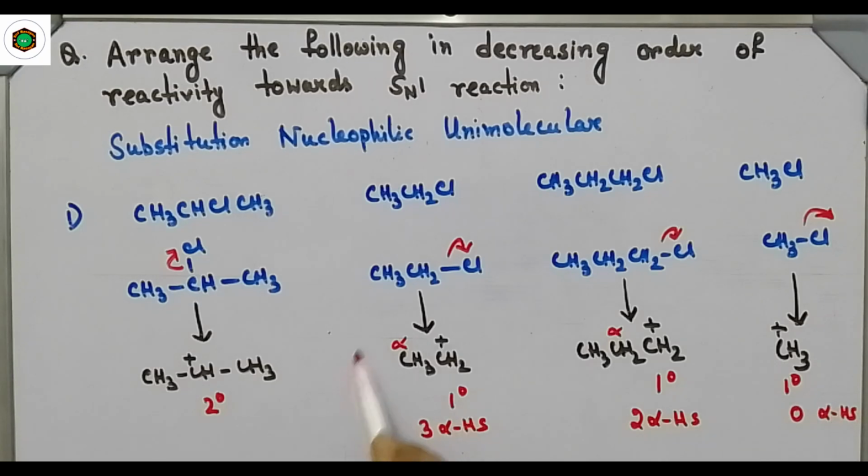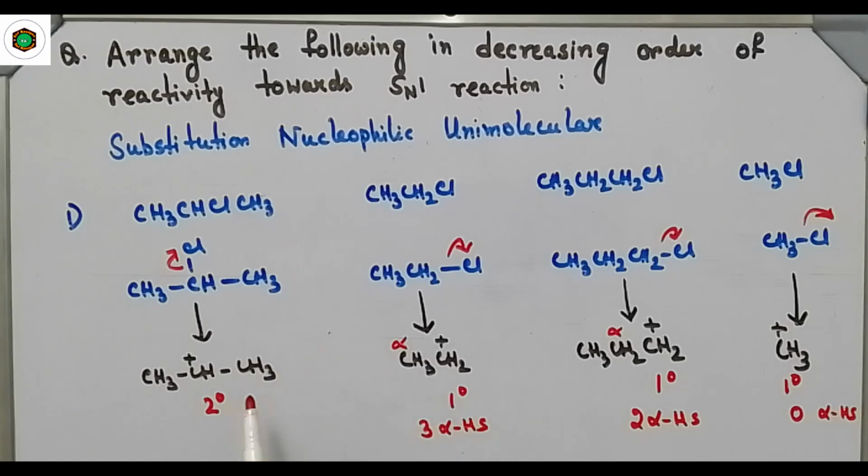So here 3 hyperconjugative structures, here 2 hyperconjugative structures, here 0 hyperconjugative structures are possible. So the more the number of hyperconjugative structures, the more is the stability of carbocation. Therefore, between these 3, this is the most stable carbocation, this is the last one.